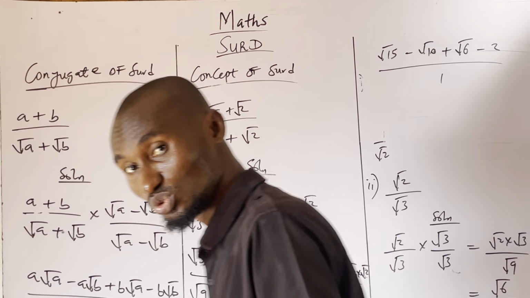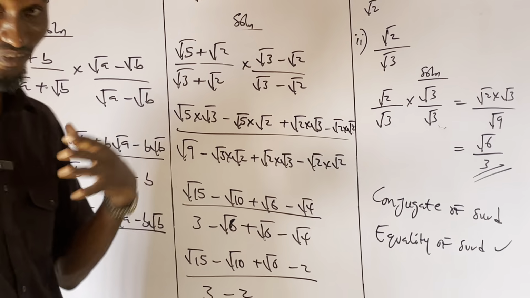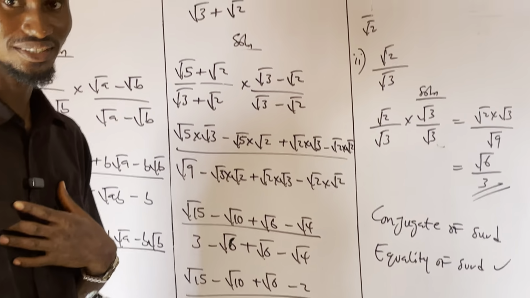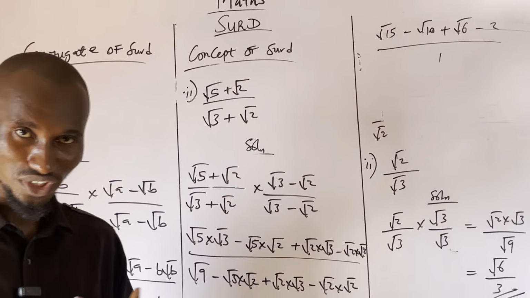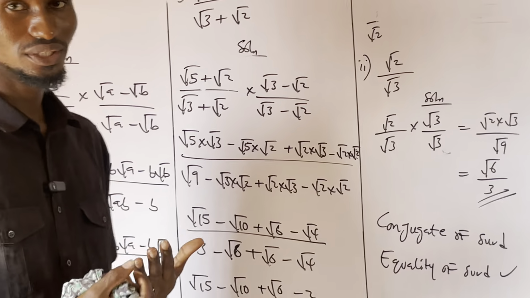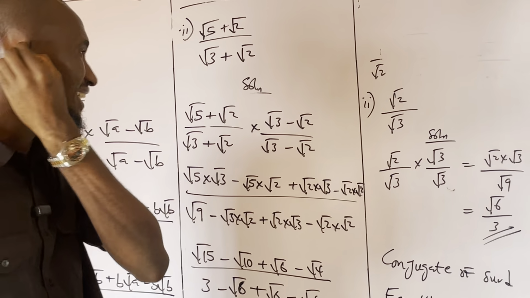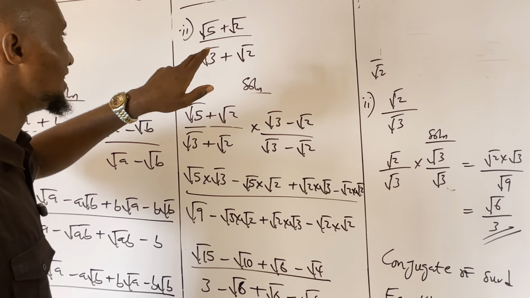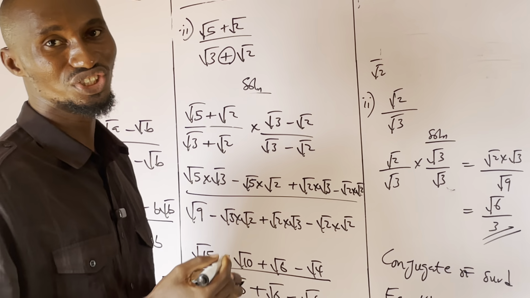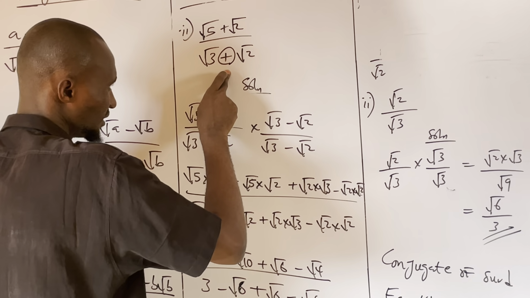But what I'm trying to explain to you about conjugate is the concept of conjugate in all this. I use this question as an example. Now, when we start solving normal questions, we will understand what I've been trying to explain all this while. The rationale here is that in a conjugate, the middle sign in the denominator, if it is plus, will change to minus. If you have minus here, it will change to plus.